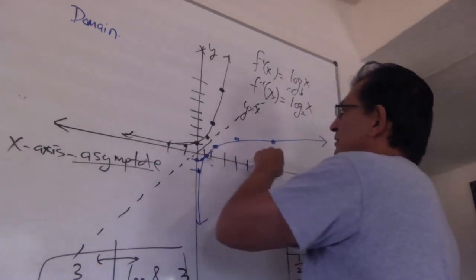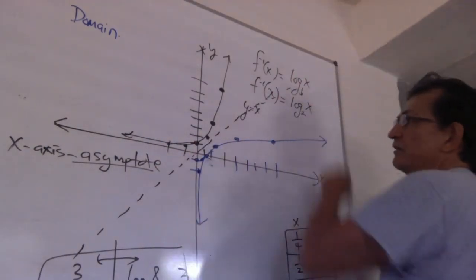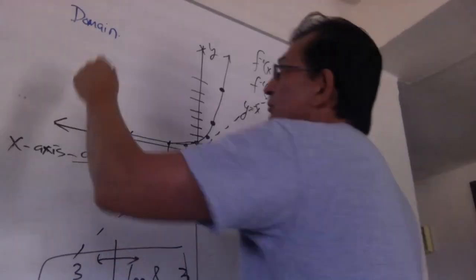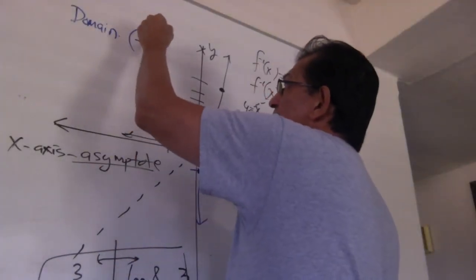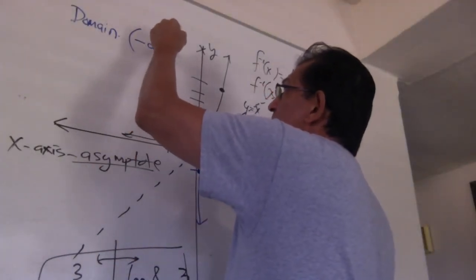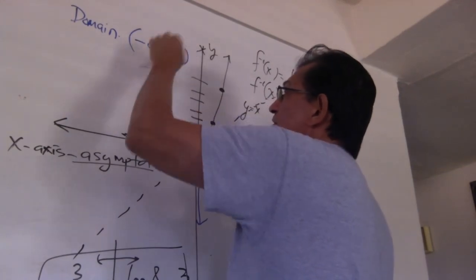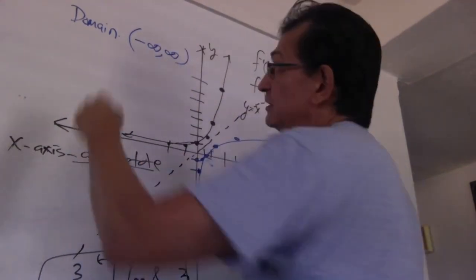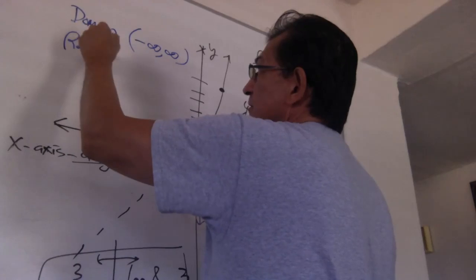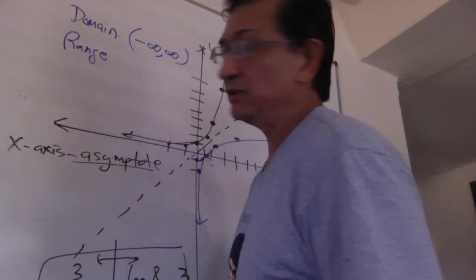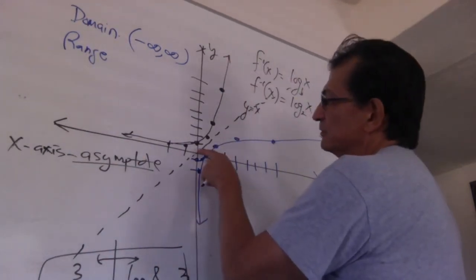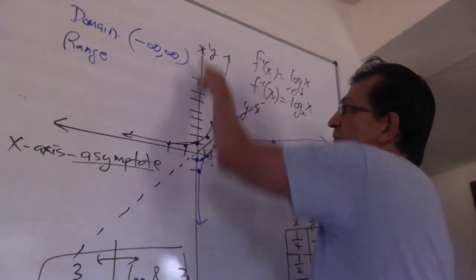The domain of an exponential is all real numbers, negative infinity to positive infinity. And the range is the possible y values, going from here up this way.